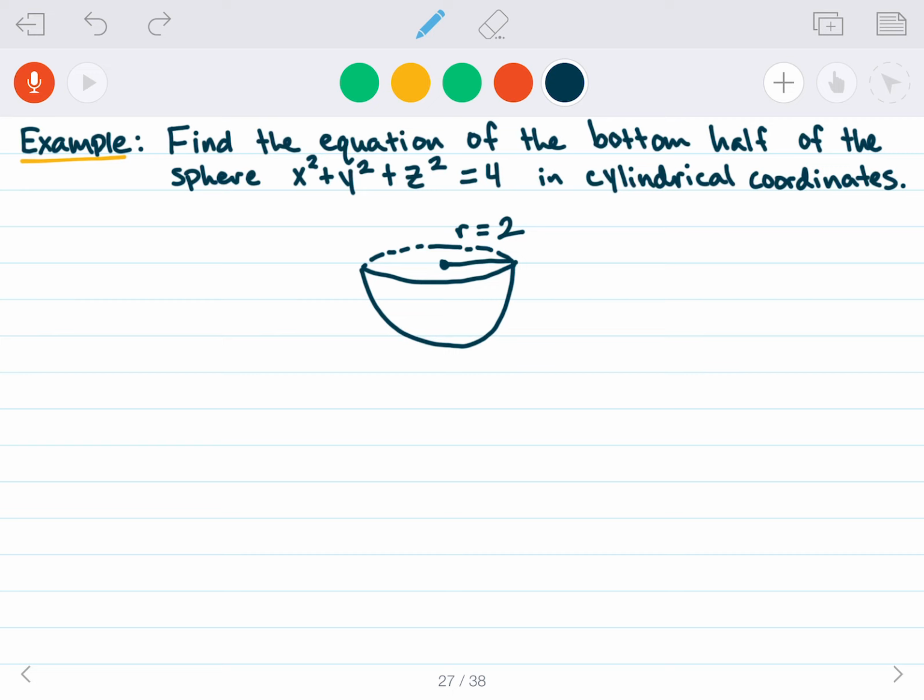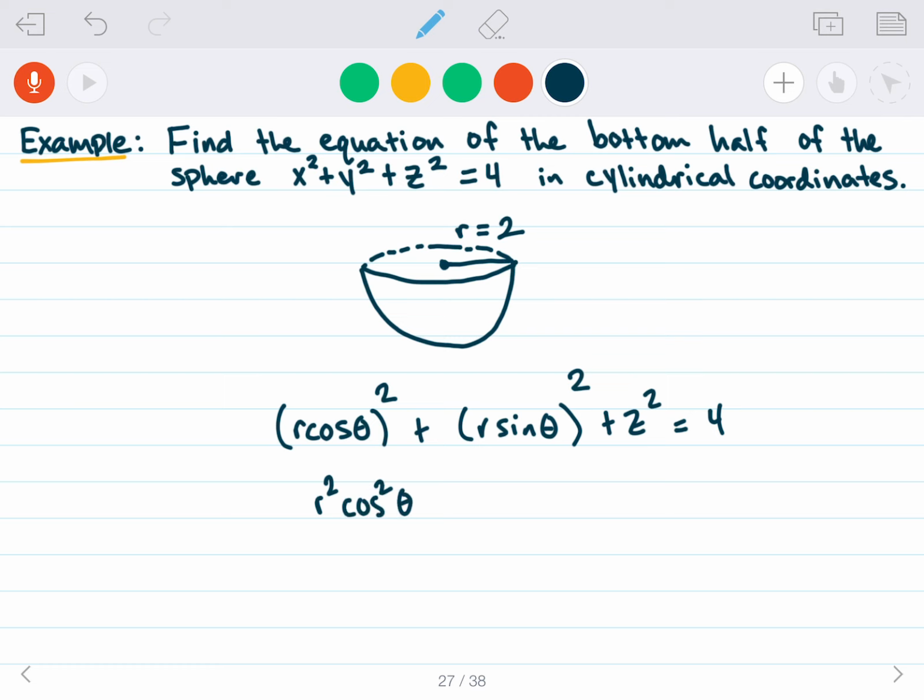So x in polar is r cosine theta, so I'm going to replace x squared with r squared cosine squared theta, plus y in polar is r sine theta, so I'll replace that there, plus z squared equals 4. Alright, so we have r squared cosine squared theta plus r squared sine squared theta plus z squared equals 4.